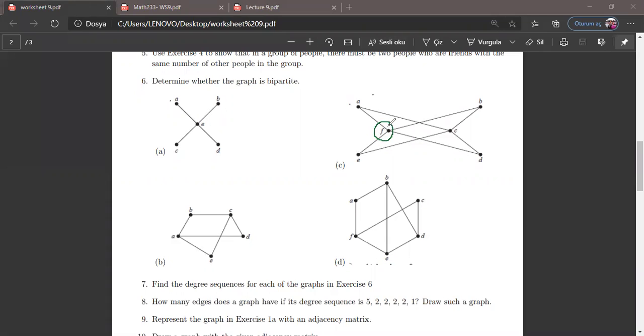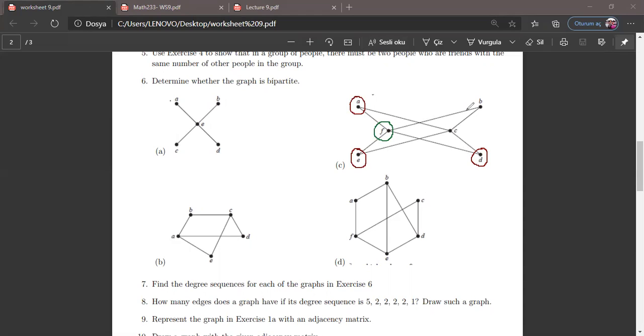We see A and F are neighbors, so we need to paint it with red. And for E, again, because F and E are neighbors. And we see F and D are neighbors too. So we need to paint it with red too.